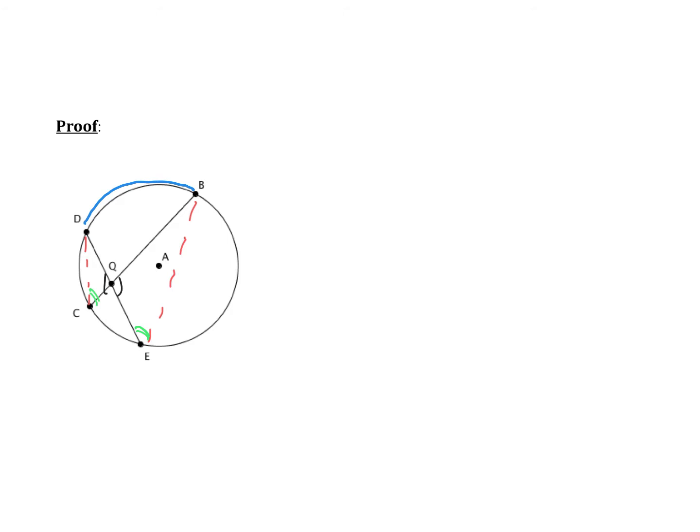Those angles must be congruent. They must be congruent. So if that's true, then that means those 2 triangles are similar. So the first thing I might say is that triangle DQC is similar to triangle EQB because of the AA theorem.